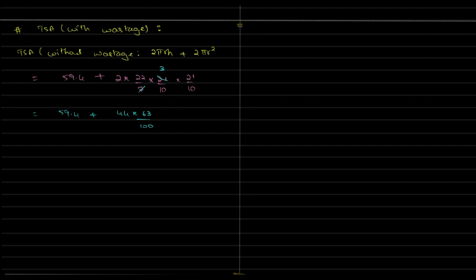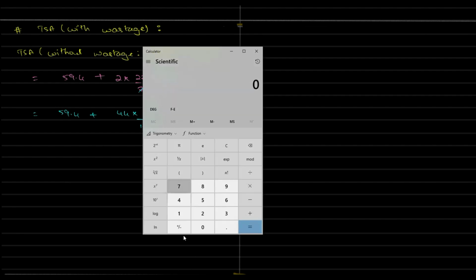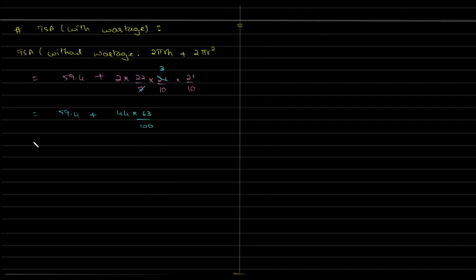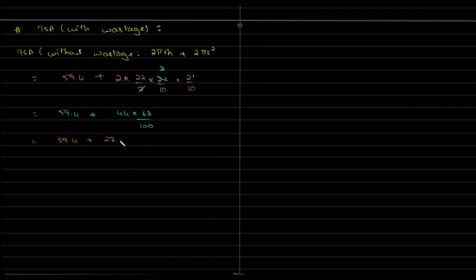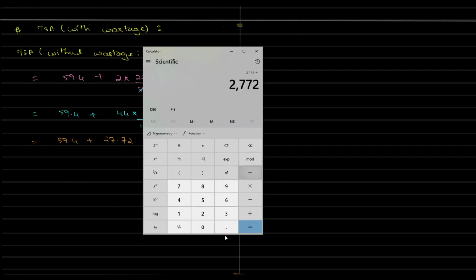Now we need to multiply 44 into 63. I'll just do it with this; you can do it without this. So 2772 divided by 100, that is 27.72, and we need to add it to 59.4, so 87.12.